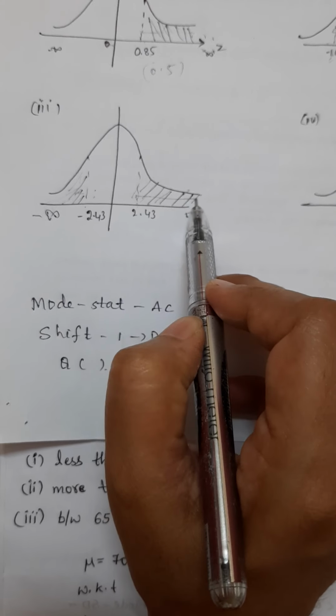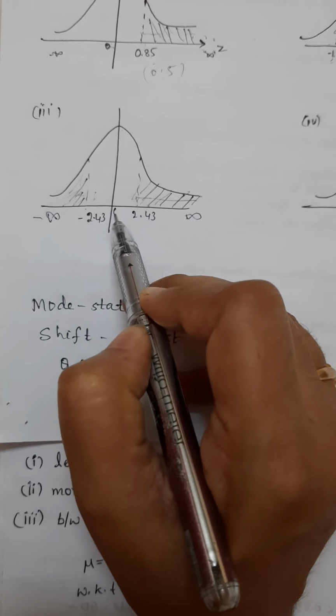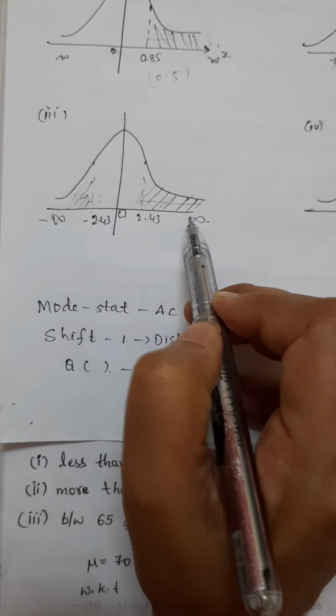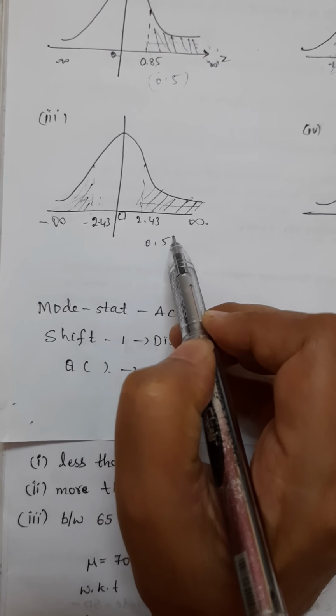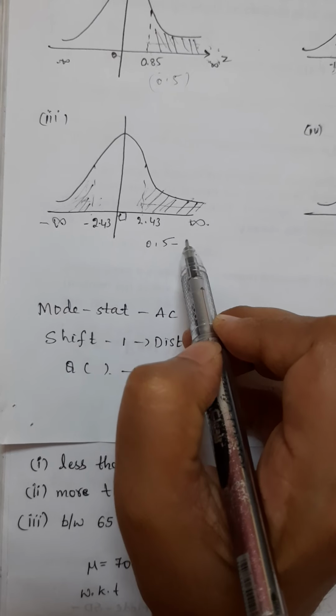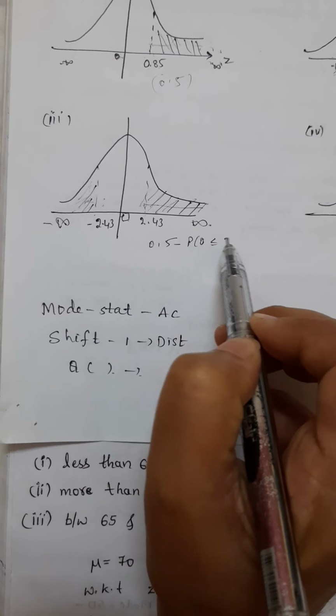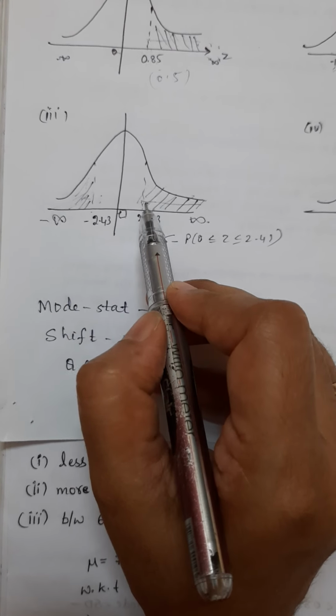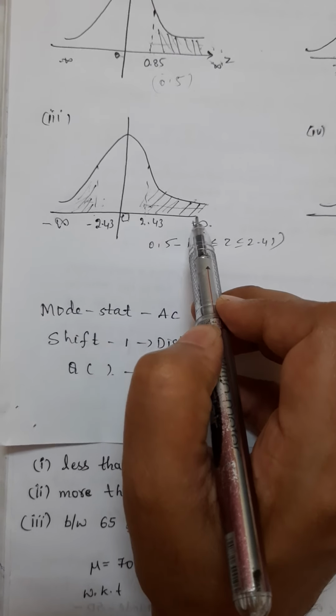To calculate this area, I will calculate from 0 to infinity because I know the probability from 0 to infinity is 0.5, minus the probability from 0 to 2.43. That gives me the area between 2.43 to infinity.